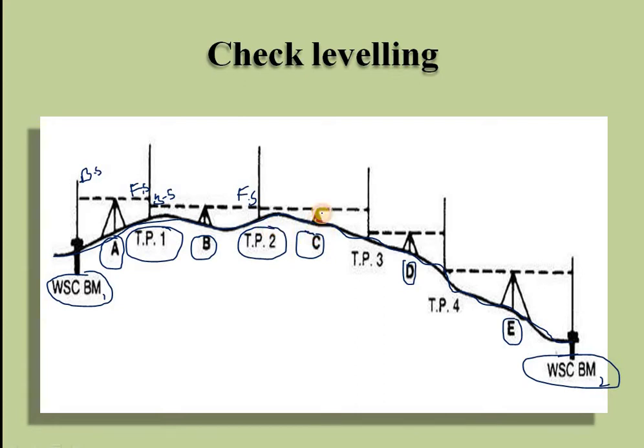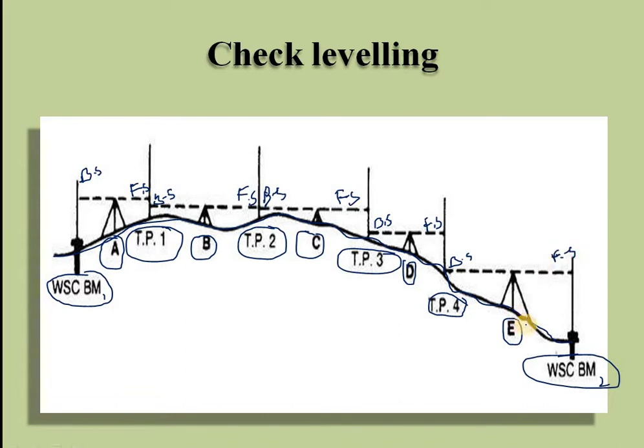And again from the change point C we will observe one BS and again on FS, and again from the change point D we will get BS and another one is FS, and again from the point E we will be getting TP4. So turning point 3 and turning point 4 we will be getting BS and another one is FS.